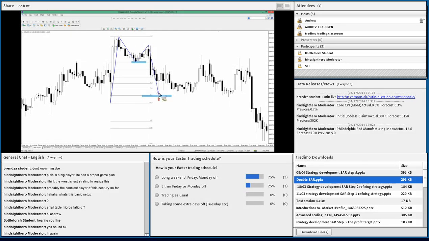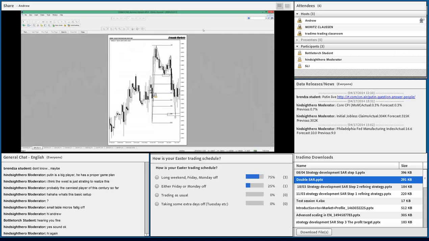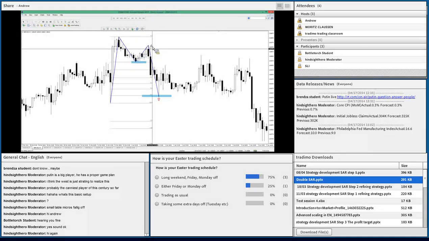So that's why I say, for me, trading a limit order is my preferred method of entry, because of this fast racing in, fast racing out.